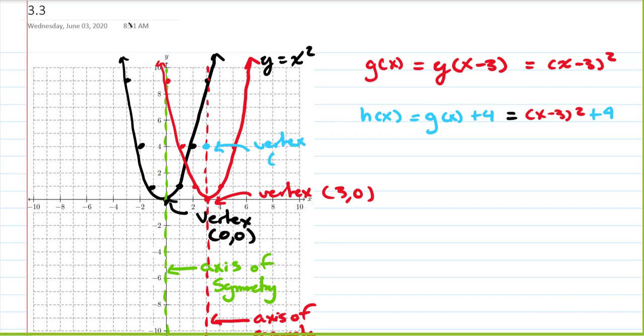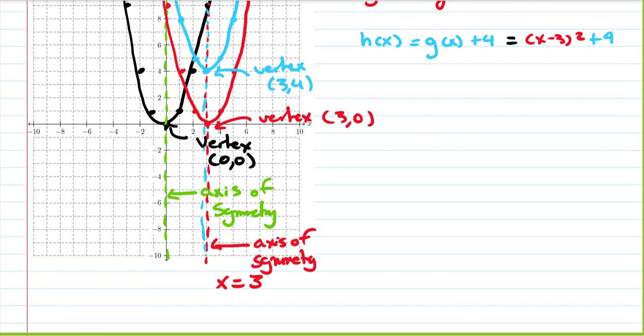to the point 3, 4. And in fact, it moves all of our other points up as well, and we end up with something that looks like this. We'll notice that our graph still has an axis of symmetry.